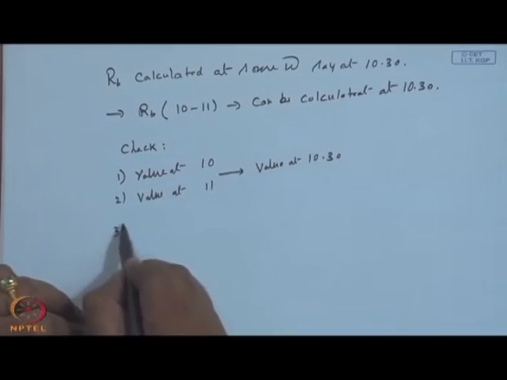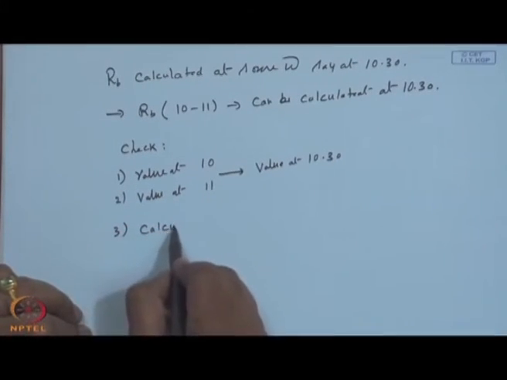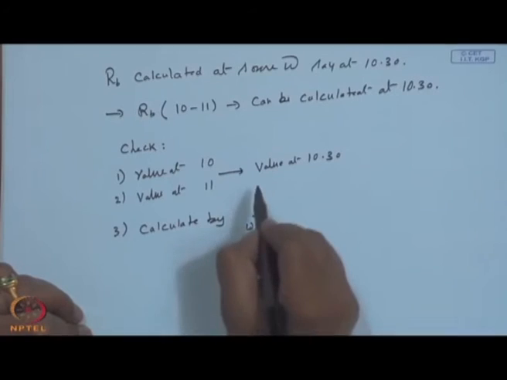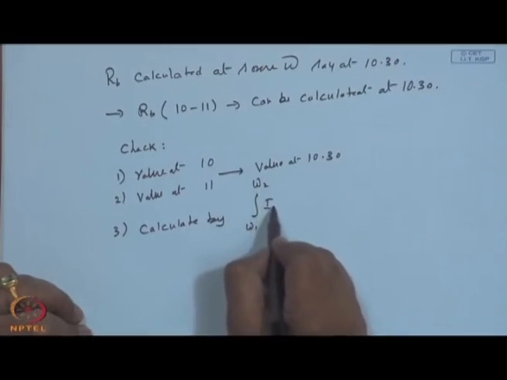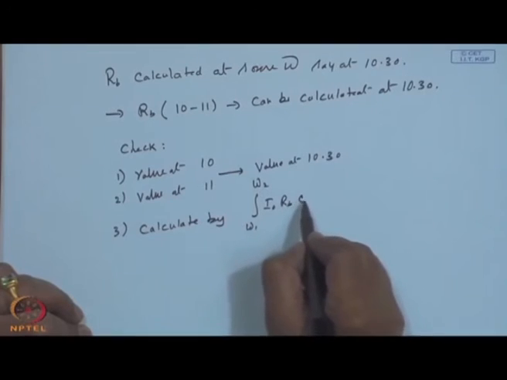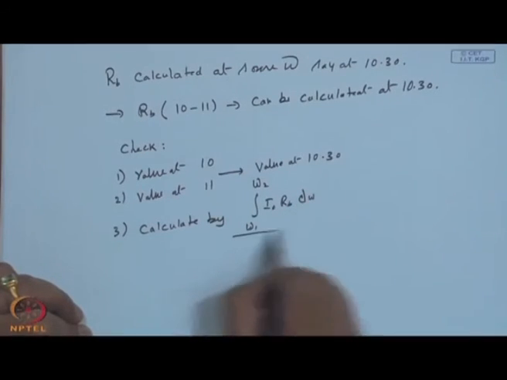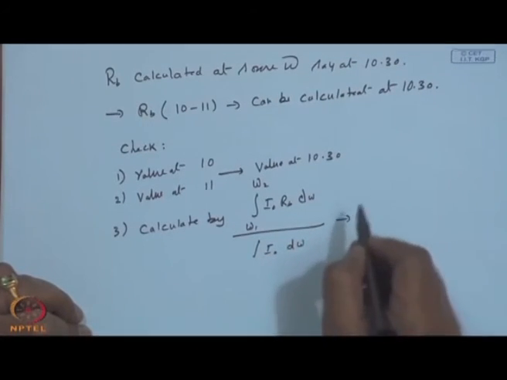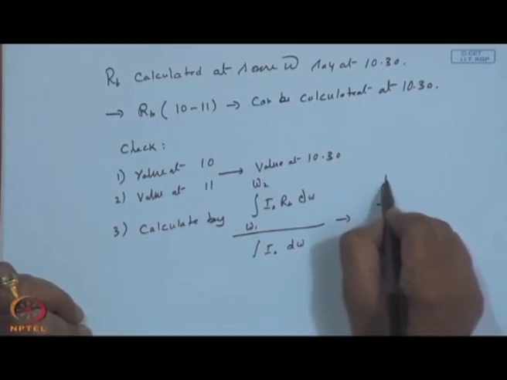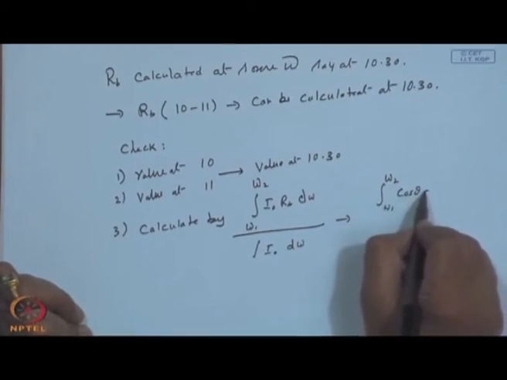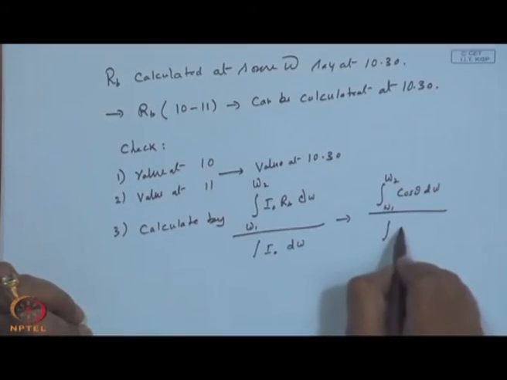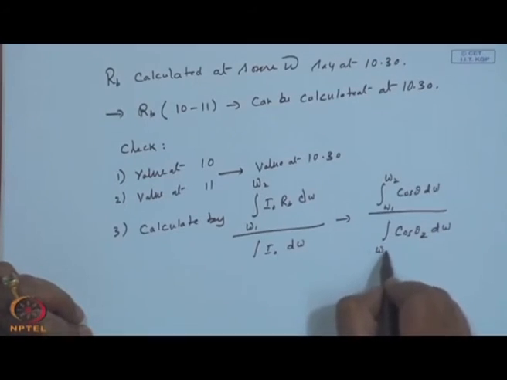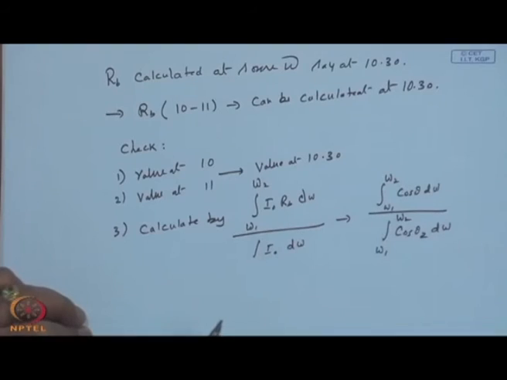The third thing that you can do is calculate by using the formula integral omega 1 to omega 2 of I0 RB d omega by I0 d omega, which will ultimately turn out to be integral omega 1 to omega 2 of cos theta d omega by integral omega 1 to omega 2 of cos theta z d omega, right.